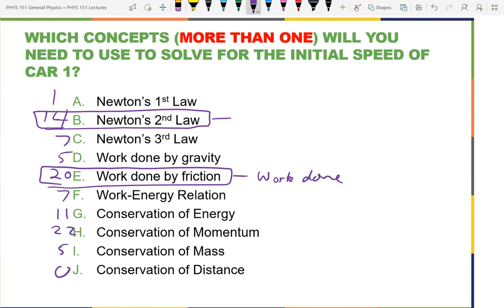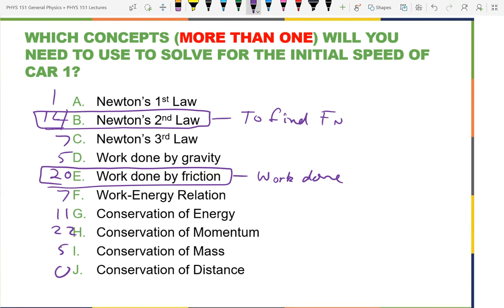In order to find the force of friction, which you need for the acceleration, you have to use Newton's second law. Because you can't find the force normal without Newton's second law, and you don't have the force of friction without the force normal.